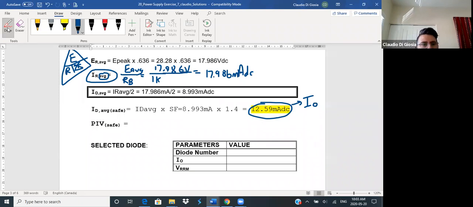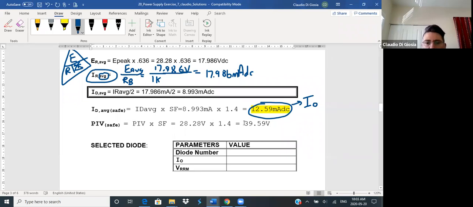And PIV safe. PIV safe is just basically PIV multiplied by the safety factor. So PIV was 28.28 volts, multiply by 1.4, or add 40%. 28.28 multiplied by 1.4 is 39.59 volts.